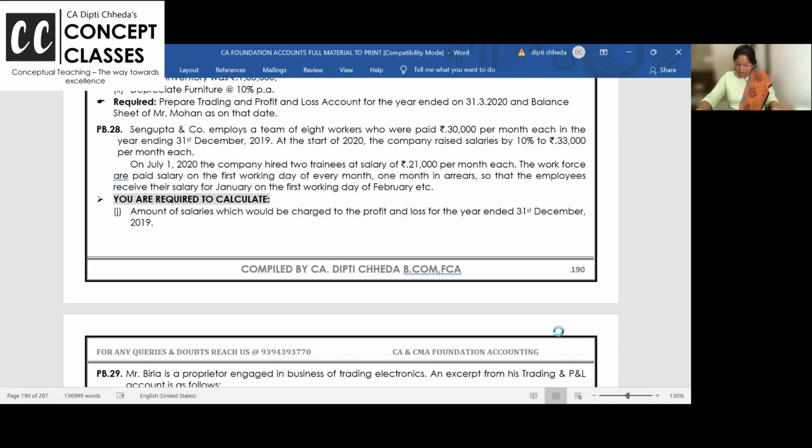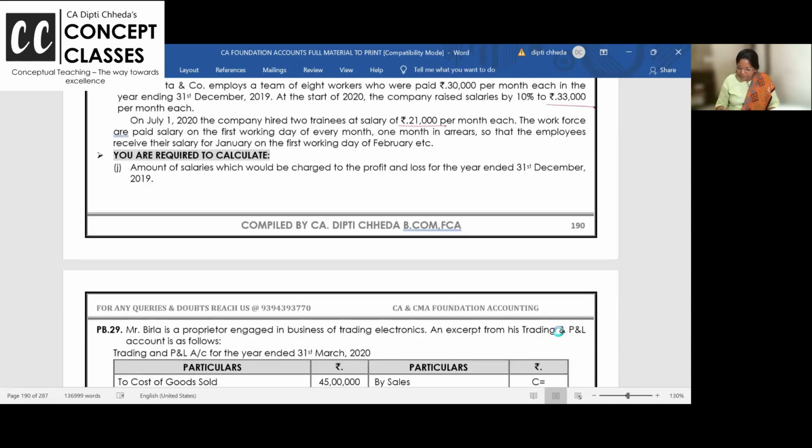Now, how much salary will you put in the P&L account? How much have you actually paid and how much is outstanding? First, whether you pay or not, January to December for the workers and July to December for the trainees will go to the P&L account.